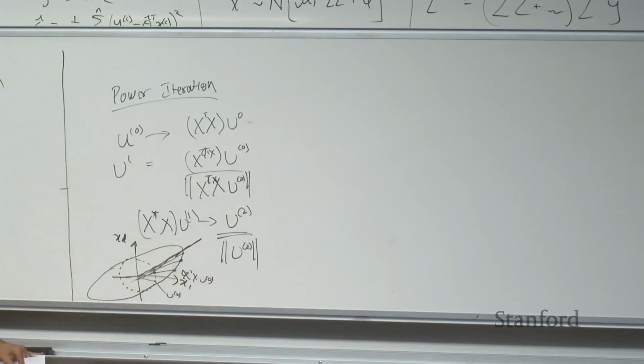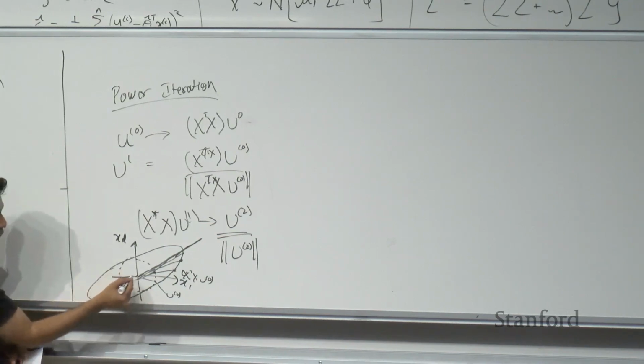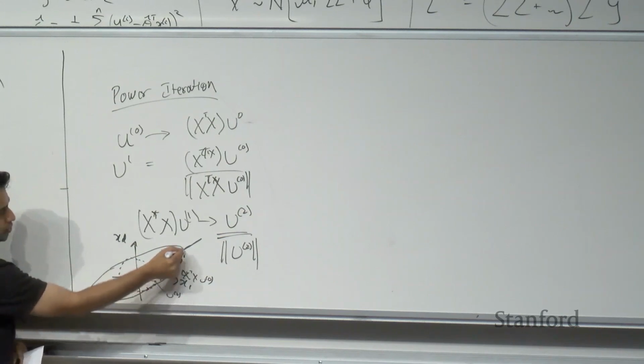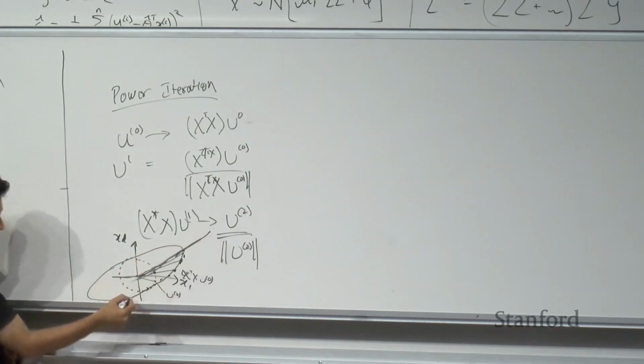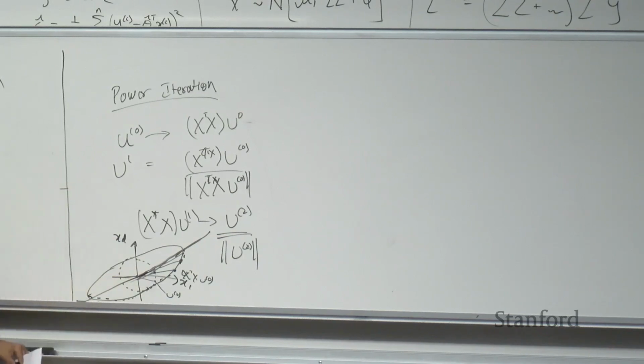So multiplying by the same matrix over and over, and rescaling the vector back to unit length each time, no matter where you start, you will converge along this direction, or if you start here, you will end up converging along this direction. That's going to be your principal eigenvector.